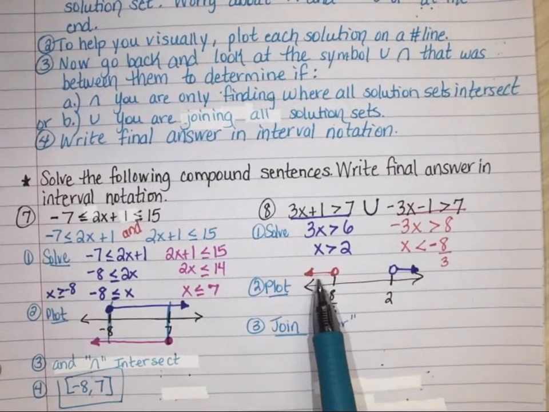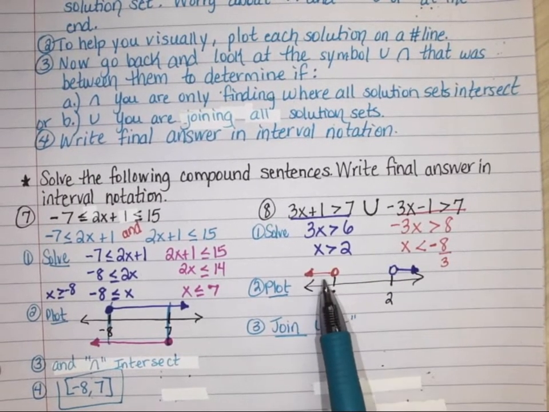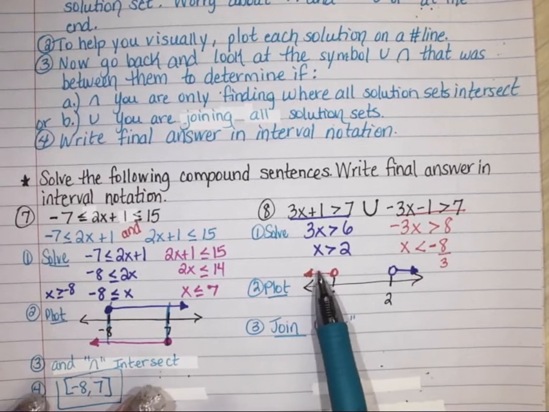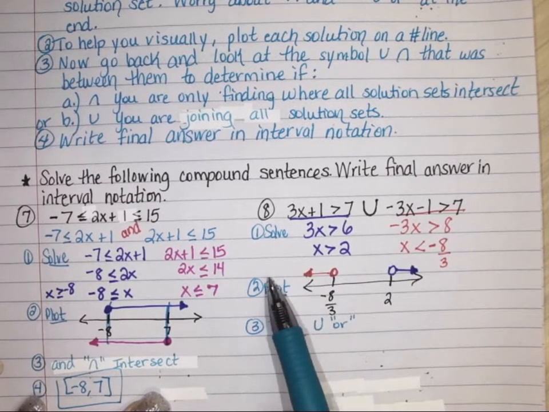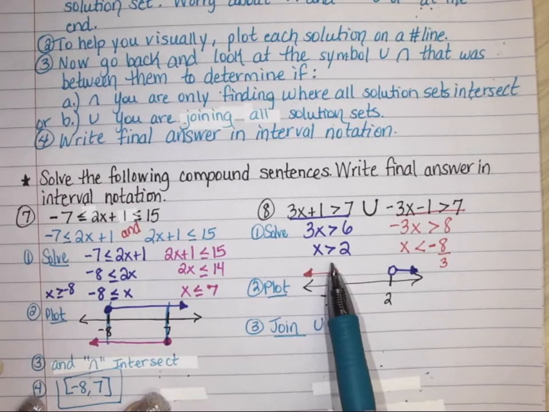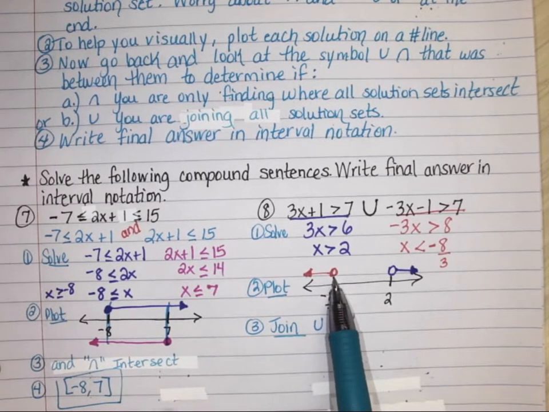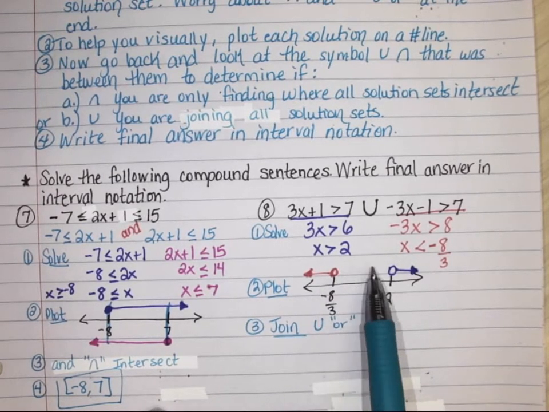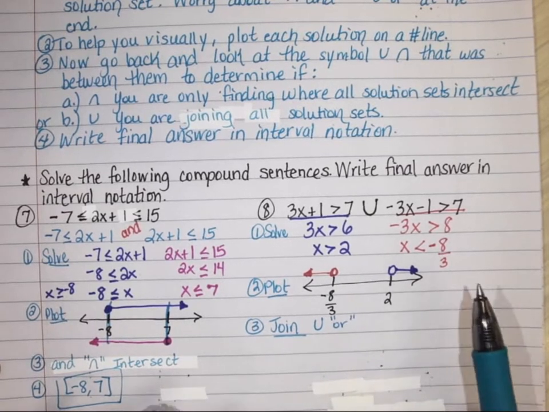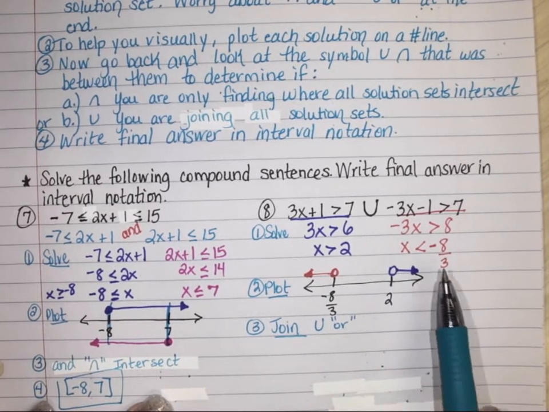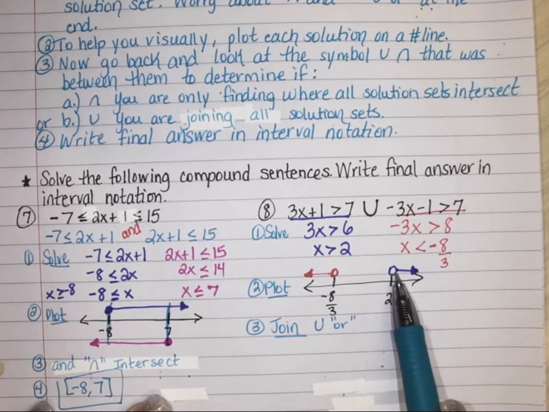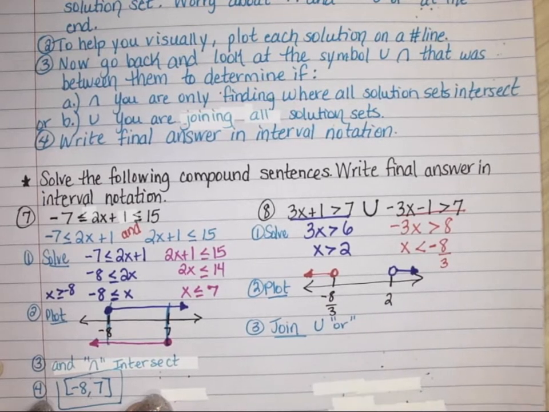If you look at where we plotted them, the numbers that would belong in either set are all of those from negative infinity up to negative 8/3. It skips this whole area. Then it also includes numbers from 2 on to positive infinity.